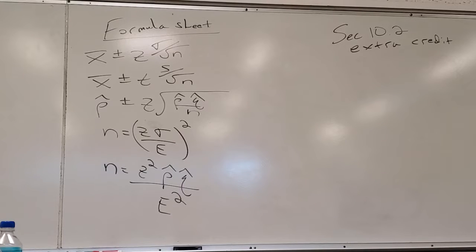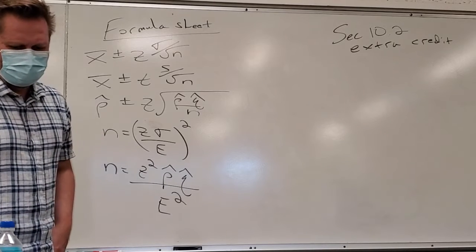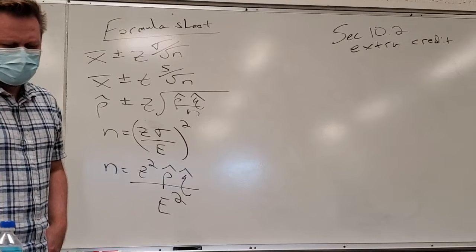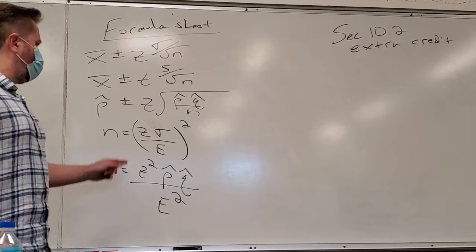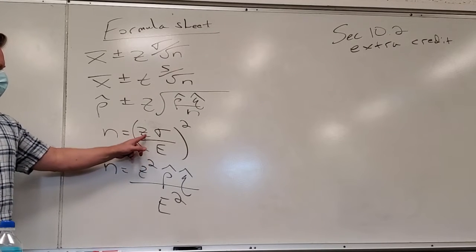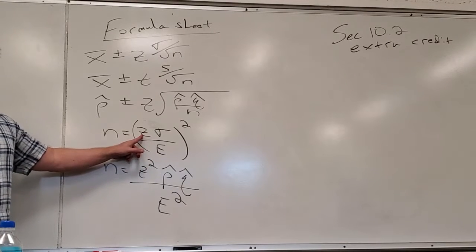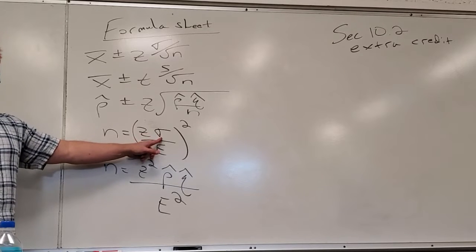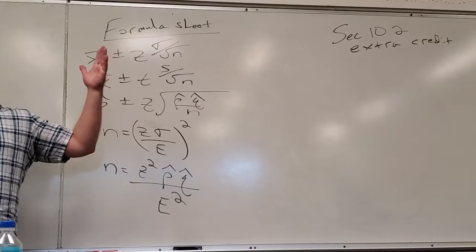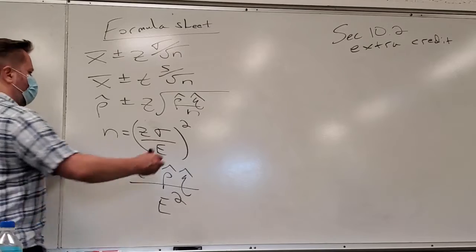Now, you'll notice, you could have a formula here where instead of z, there's t, because you don't know sigma, so you have to use s.